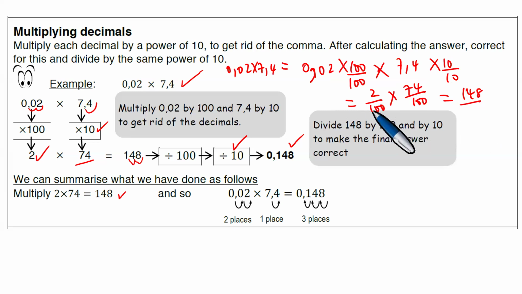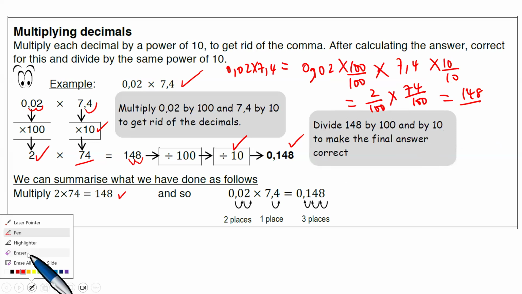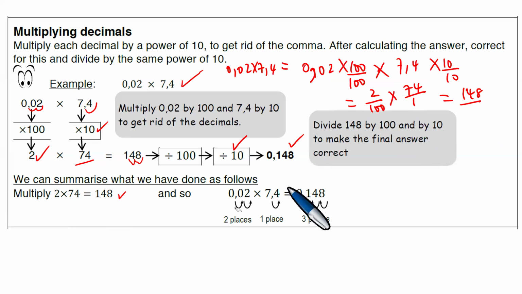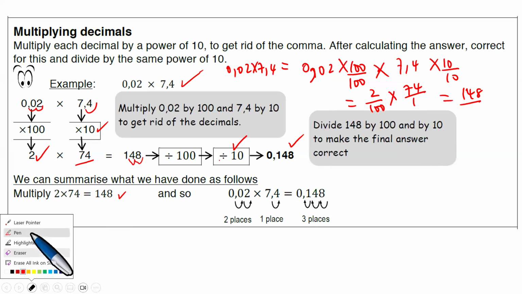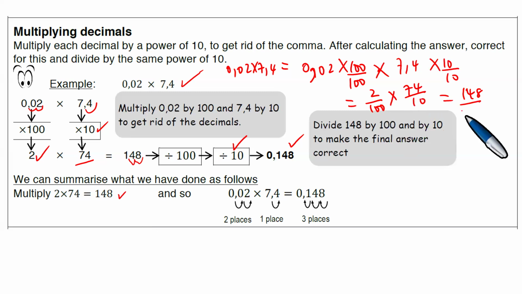And you divide by 100 times, okay, this one is a 10. Right, so it's a 10, this one. 100 times 10 is 1,000. So we move it 1, 2, 3 places. It's going to sit there. So which is 0,148. 0,148. So that is sort of what you're getting.